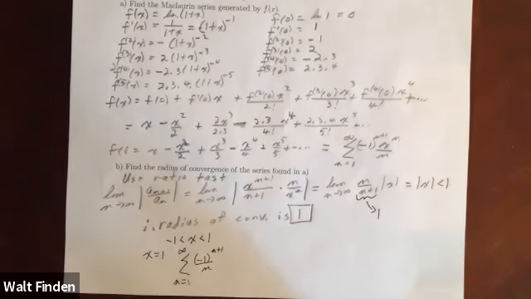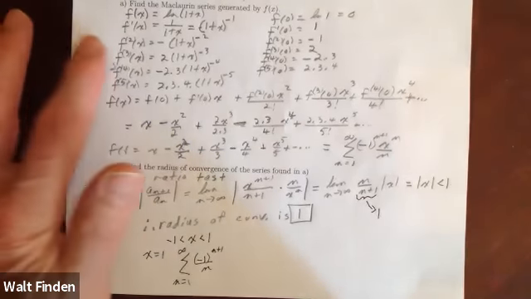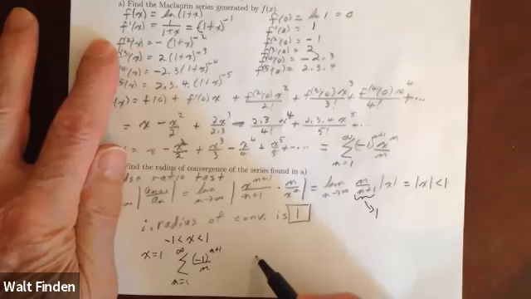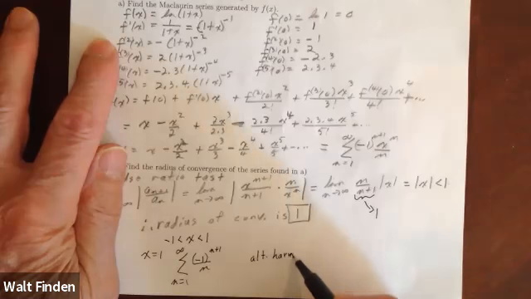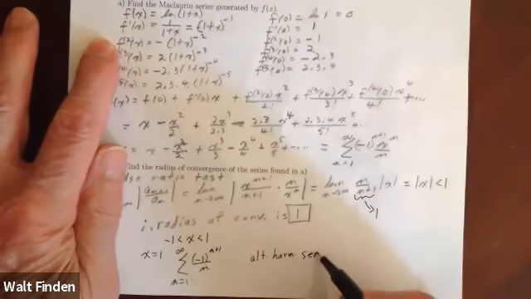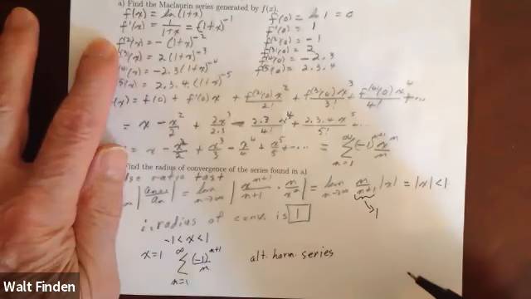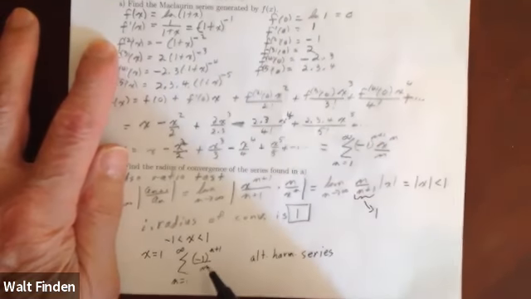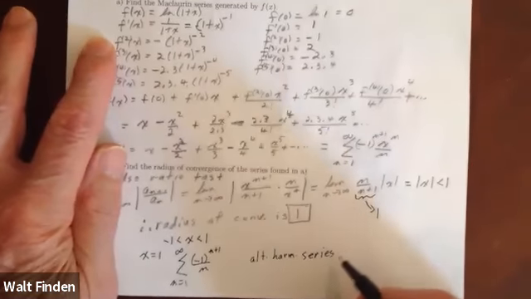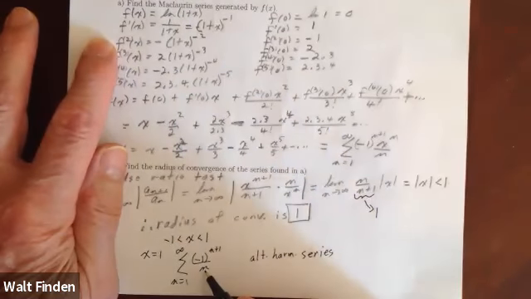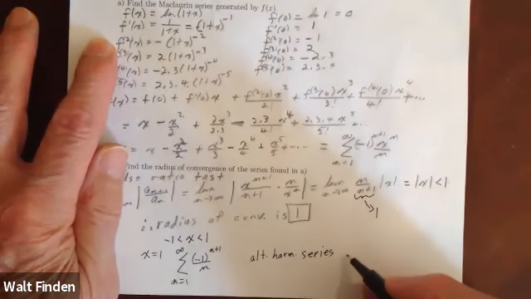Notice what that is. That is convergent. Why? That is the alternating harmonic series. That satisfies the test for alternating series. When we notice the harmonic series, 1 over n, alternating because of (-1)^(n+1), that is convergent.